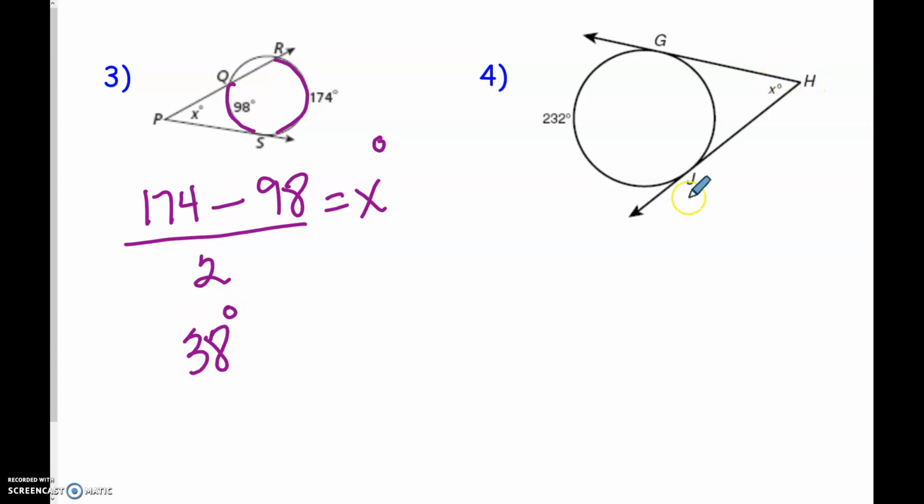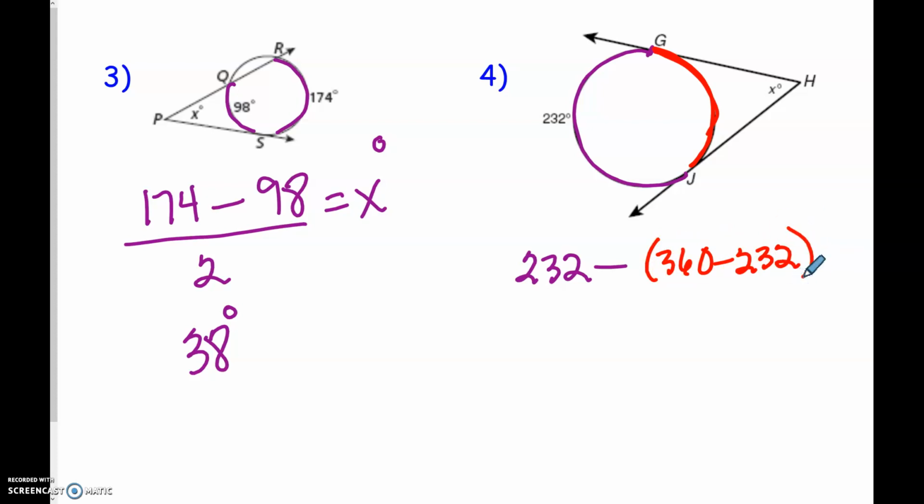Okay, in the next one, it's on the outside. We have two tangents, so this is the difference of the two arcs. One arc goes from here to here, 232, and we have to subtract the other arc. What is this other arc right here? What I'm going to do is take 360 and subtract 232 to get that arc, and then divide by 2, and that's going to give you x.